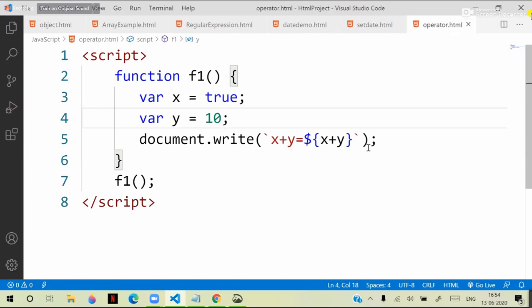Suppose you have to add anything with null, what will it return? We are printing x plus y. Null plus number, what is it going to return? If I write like that, it will return 10.